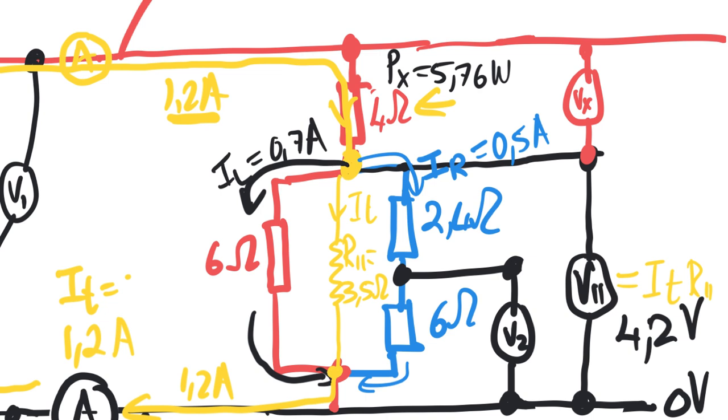So it's important to always be looking at the relationship between things. So if this is 0.5 amperes, and this is 0.7, well, they add up to 1.2 amperes.